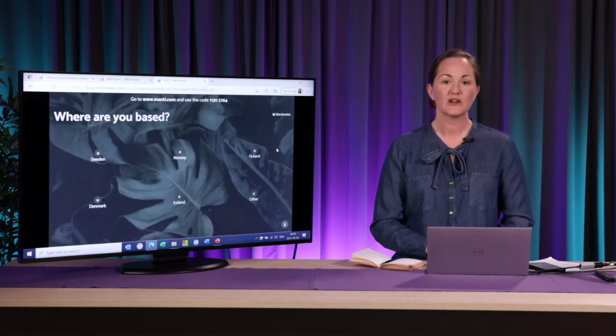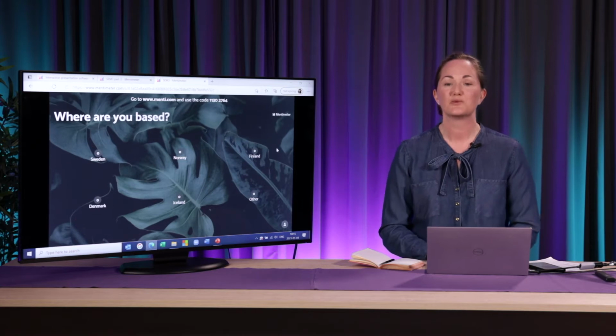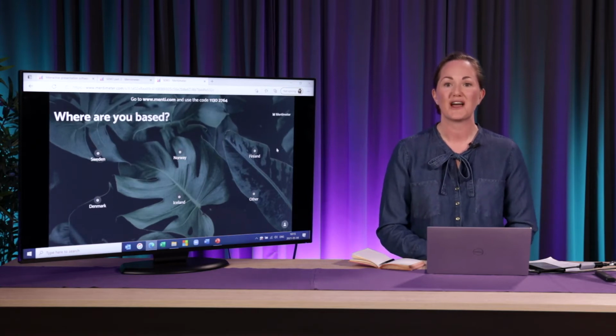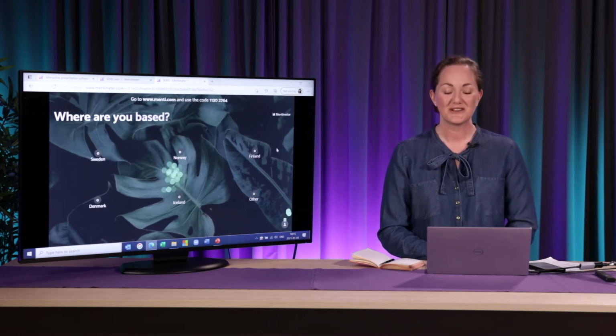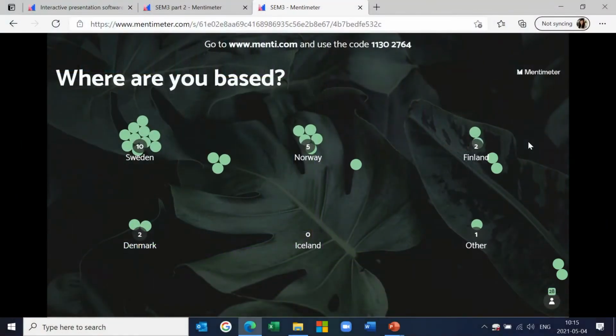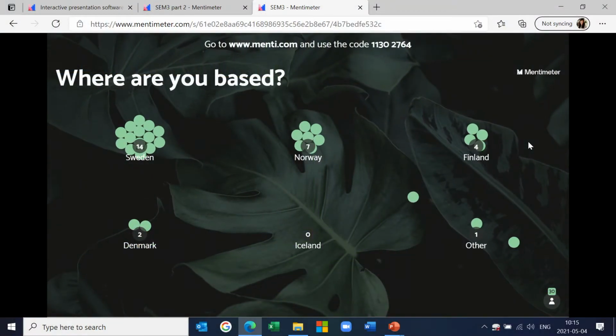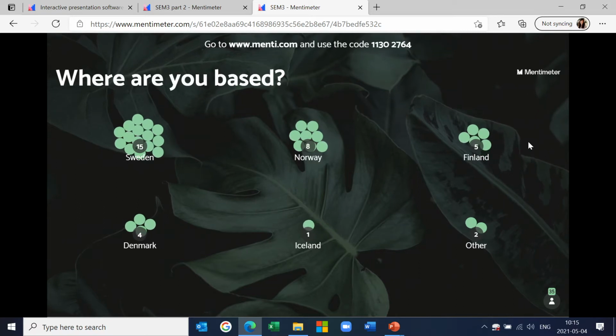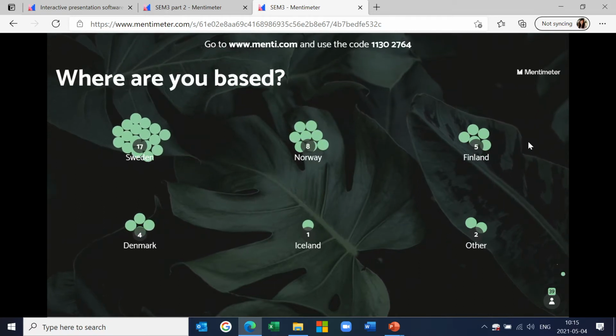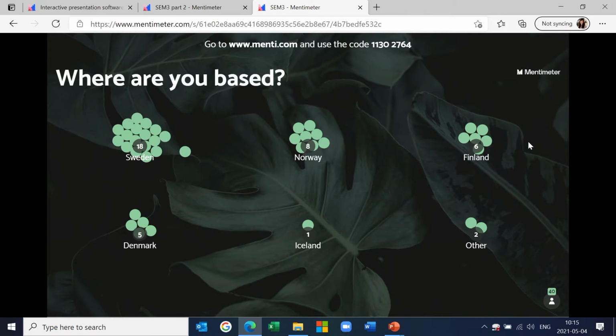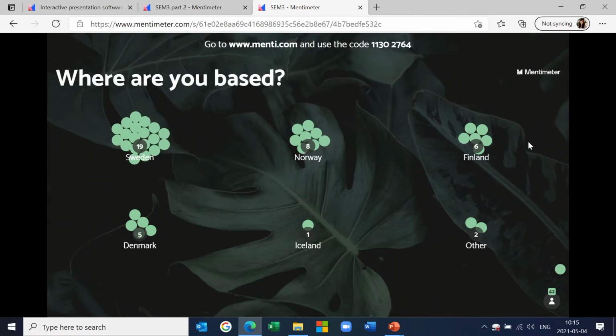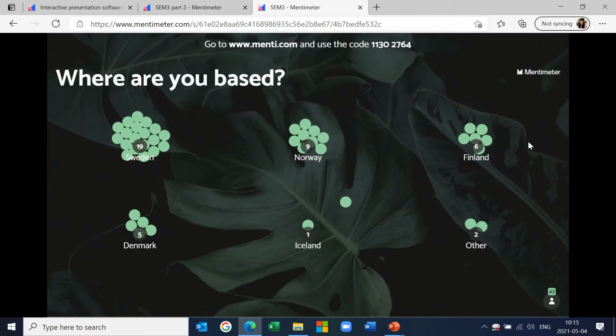I also have a second question here for you, and that is, where are you based? So I have predefined the different Nordic countries here, but I'm also curious to learn where else you might be from. We can see that we managed to reach quite a few Swedes, but we're also covering Norway, Finland, Iceland, and I can see we also have a couple of other countries probably represented.